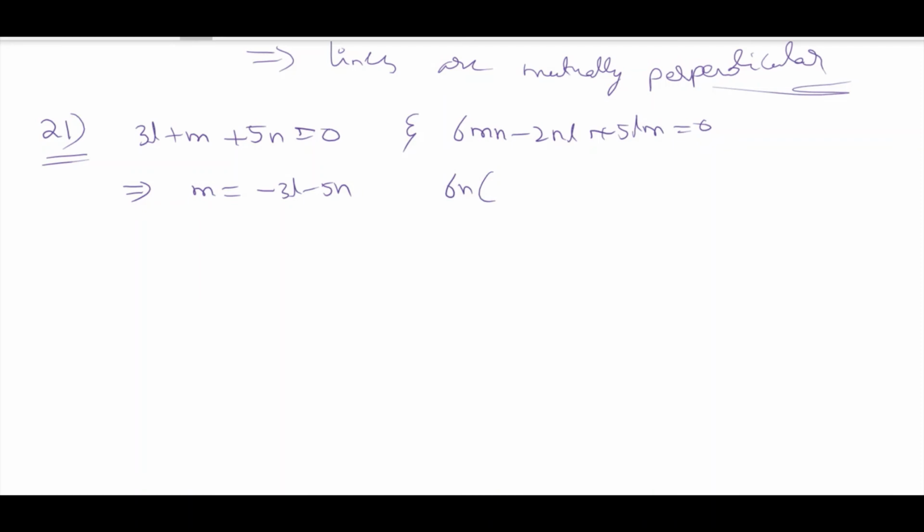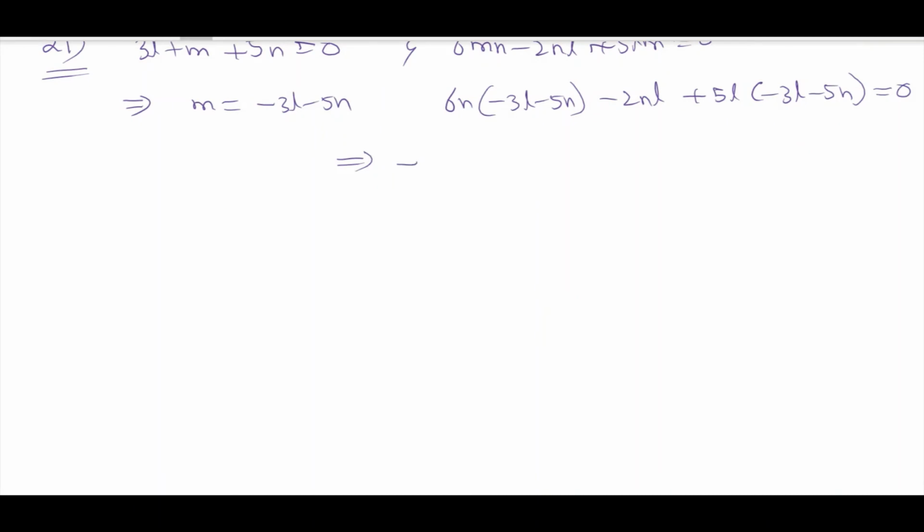6n into m, which is minus 3l minus 5n, minus 2nl plus 5l into m, which is minus 3l minus 5n, that equals to 0. That implies minus 6n into minus 3l is minus 18nl, minus 30n square, minus 2nl, minus 15l square, minus 25nl equals to 0.